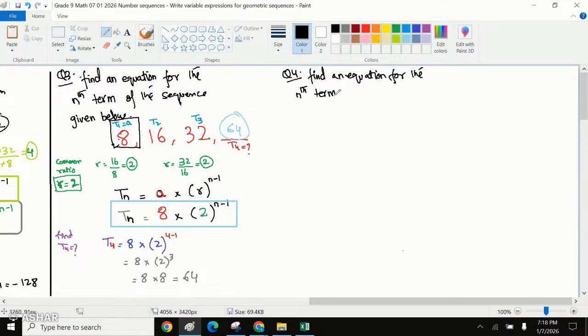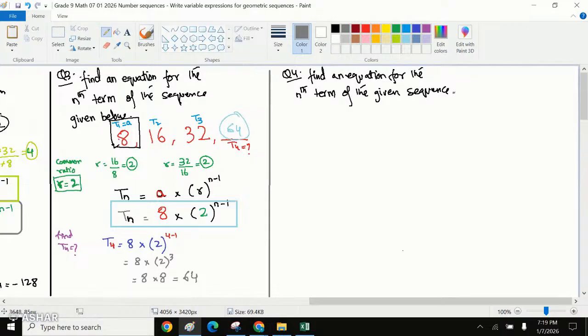Nth term means a generalization of the given sequence. I'll just make a separator so that we can identify where the question is.